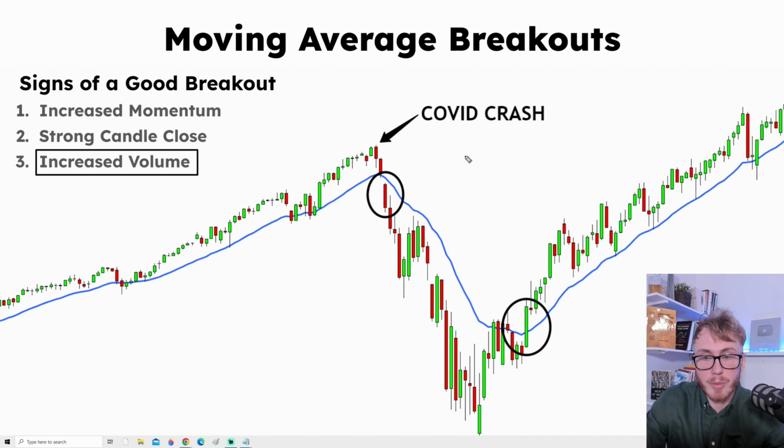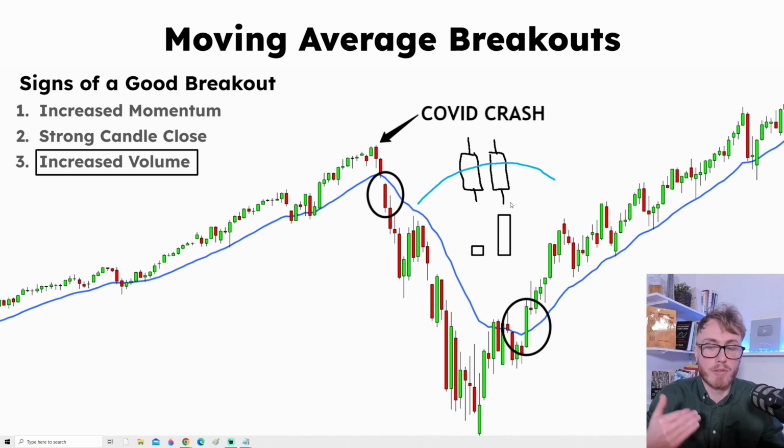But what I mean with volume here, let's say we have 2 examples. We have 2 candles that look exactly the same. And once again, we have the moving average coming in right here. However, in the example to the left, we only have a small volume bar, while in the example to the right, we have lots of volume.